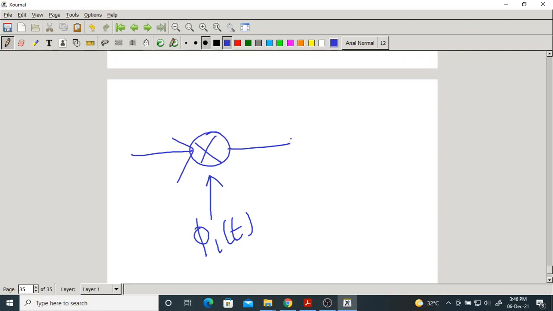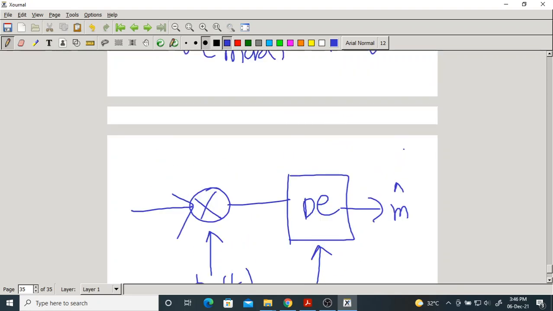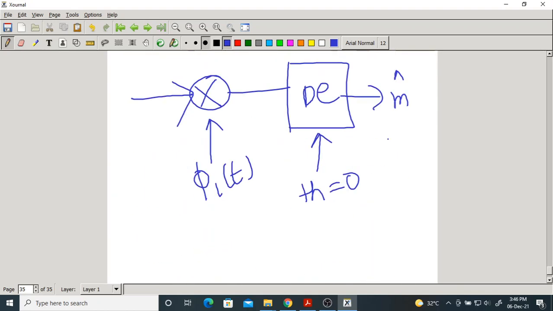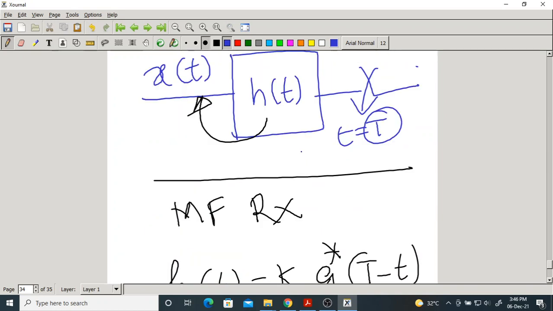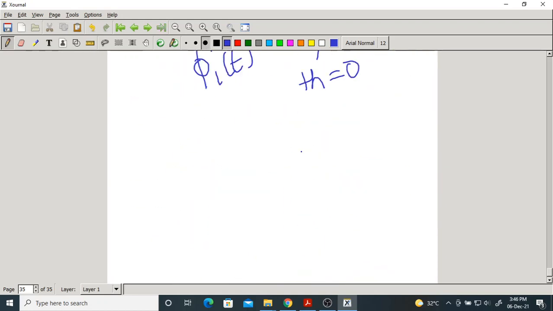And later we have a decoder, decoder in the sense here a threshold detector. This is a receiver we have talked about. So this is also the same. It is just like the receiver that we have discussed earlier. This or that, both are the same. It is very easy to discuss, that's why I discussed this. But the operation is the same. Both will have the same operations. No problem. Now it is called a matched filter receiver.